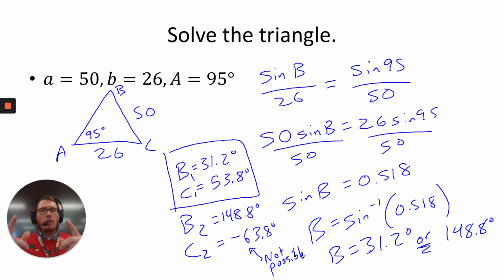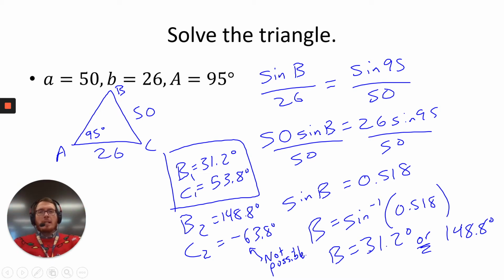Remember, to find an angle, though, you have to do the inverse feature of your calculator, so sine inverse of 0.518. The problem is when you do sine inverse it always will give you this first answer in quadrant 1 of 31.2 degrees. But because sine exists in quadrants 1 and 2, it's possible that the other answer could be 180 minus that. So you want to make sure that you're used to writing those down. So it's 31.2 or it's this other number.